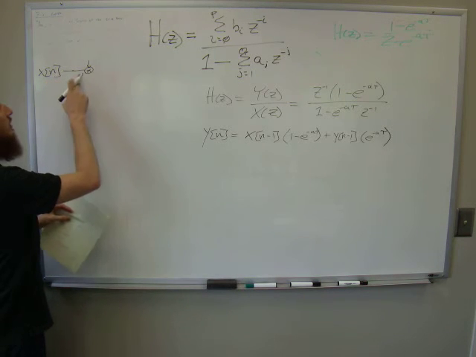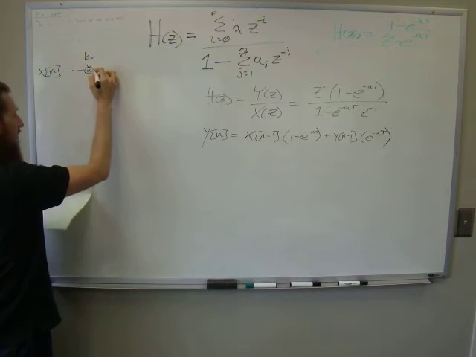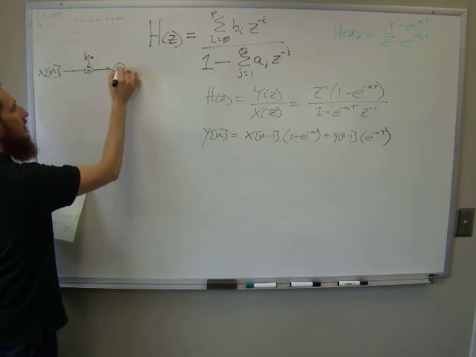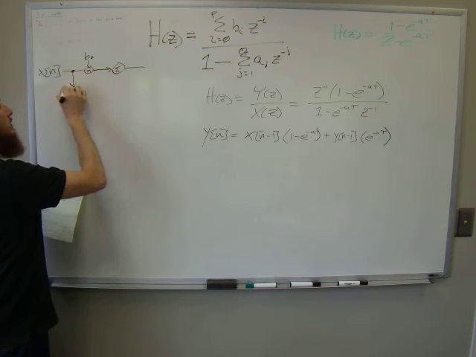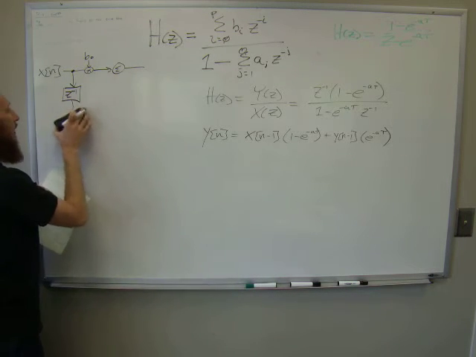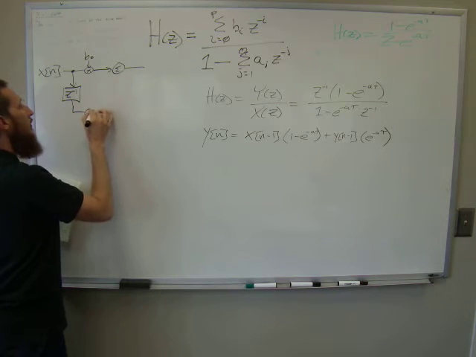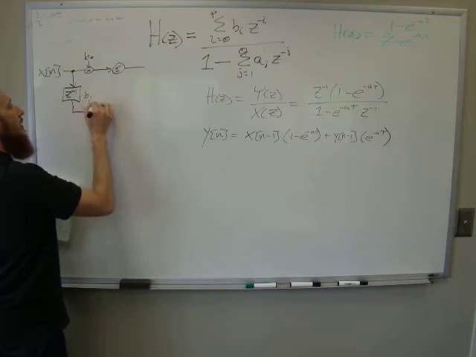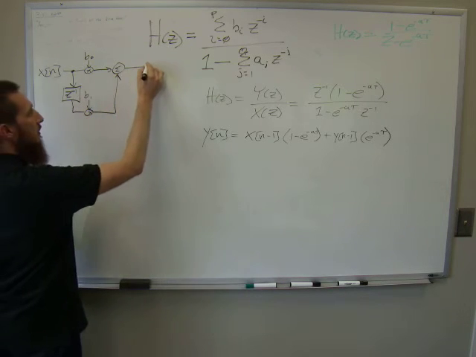X of n is going to go into a multiplier of b of 0, and this is going to go out and go into a summation block. X of n is also going to get tapped off and go through a z minus 1 block. This is a time delay. This time delay block is going to go down through another multiplier, a b of 1 multiplier, and goes into the summation block.